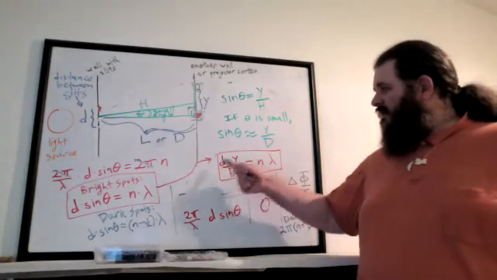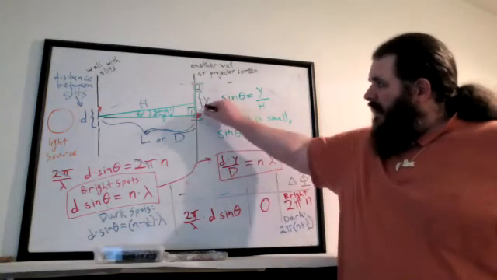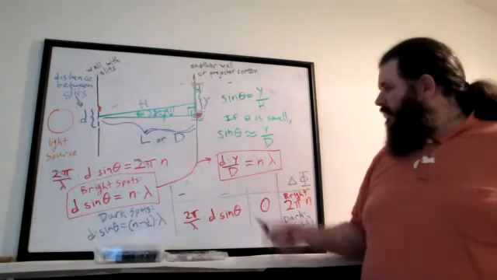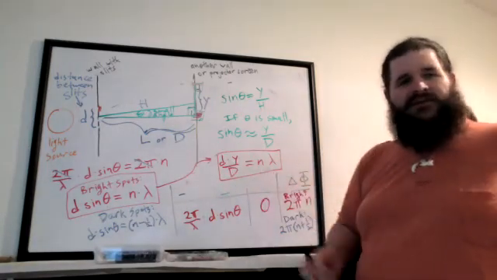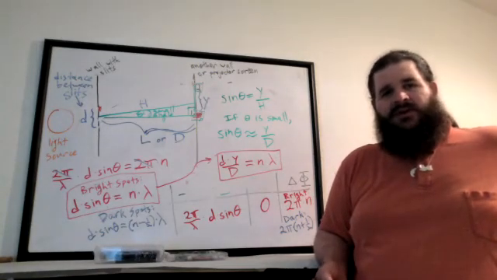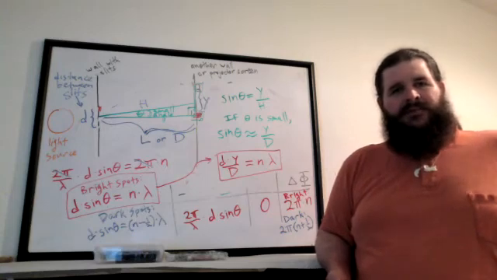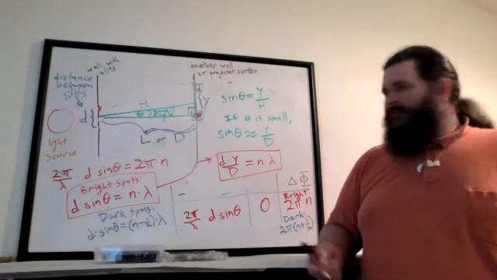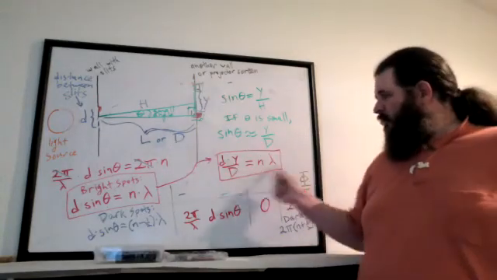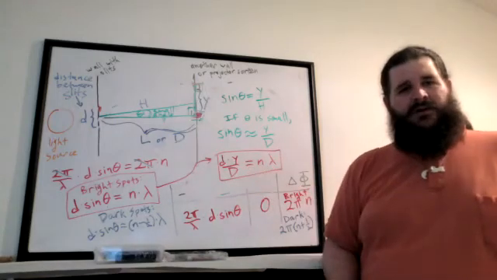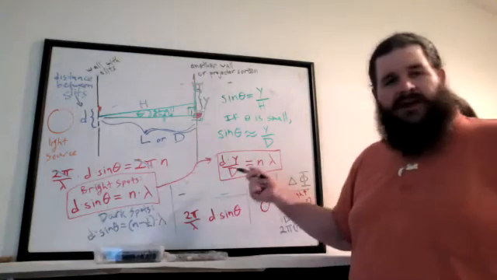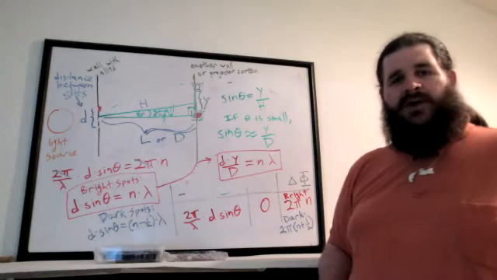We can just say distance between slits times height up the wall divided by distance from wall to wall equals a whole number of wavelengths if we're looking for a bright spot. That rewrites it entirely in terms of distances. And this can be useful if, for instance, you're trying to solve for a distance up the wall. You can just use this formula and solve for distance on the wall. So either of those work. This one's exact. This one's an approximation, but it's a pretty close approximation for points very close to the center.